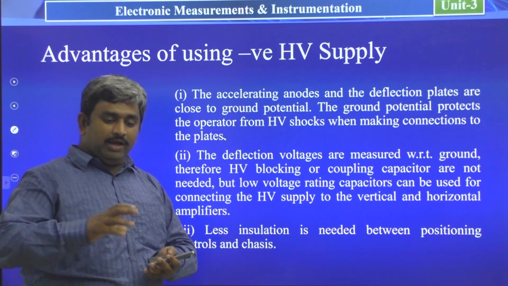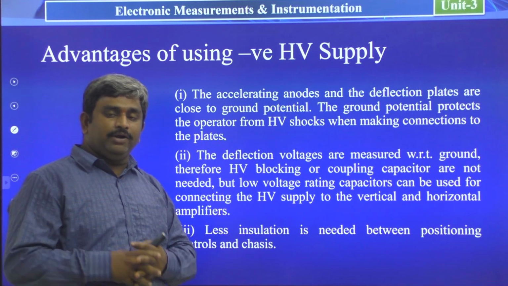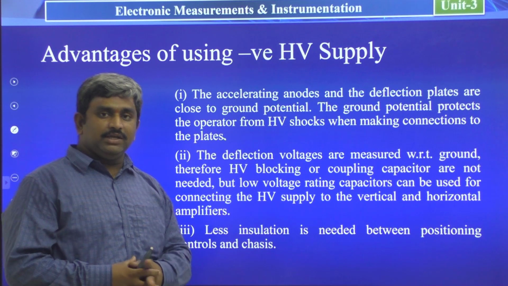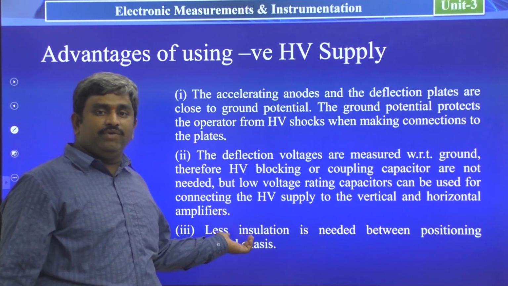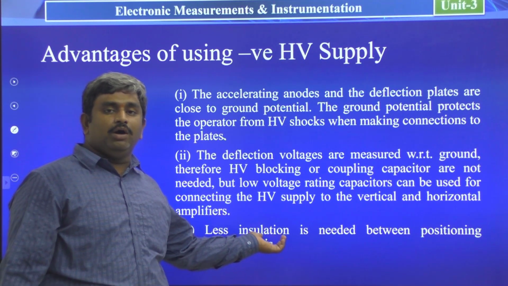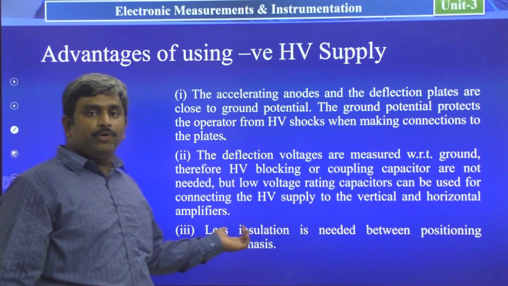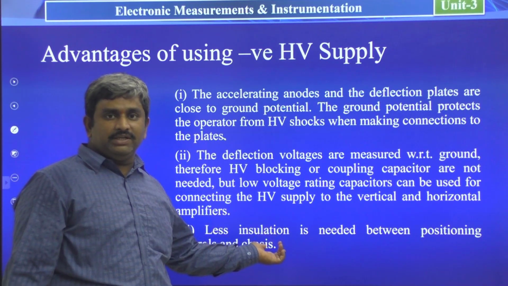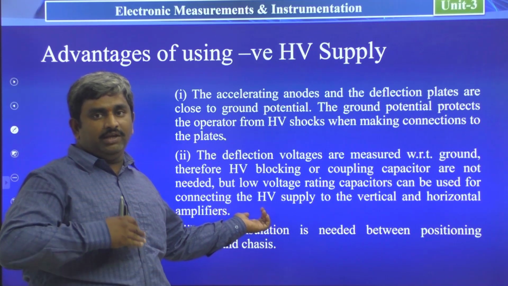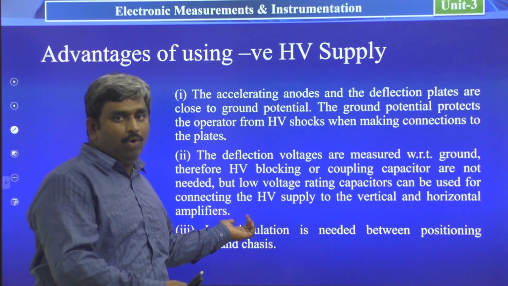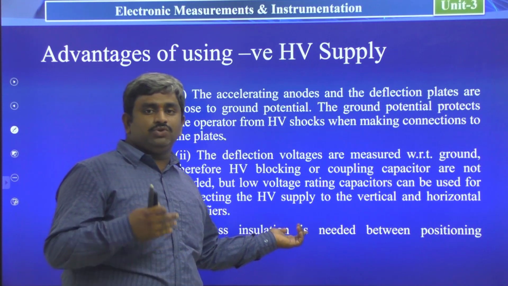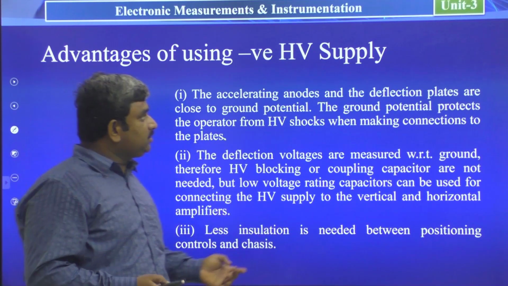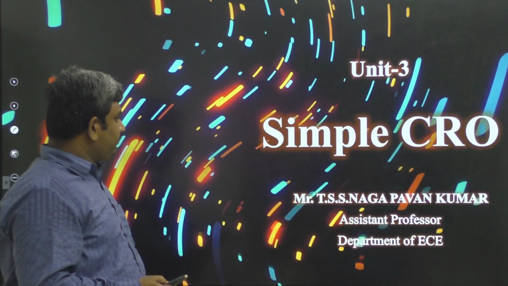So wherever the negative voltages are applied to the accelerating anodes or control grid, there is no necessity of insulation for protecting the total circuits. Why? Because these are negative voltages, and if any problem comes, we make the grounds. So for that reason, there is no chance of getting a short circuit in these negative supplies.